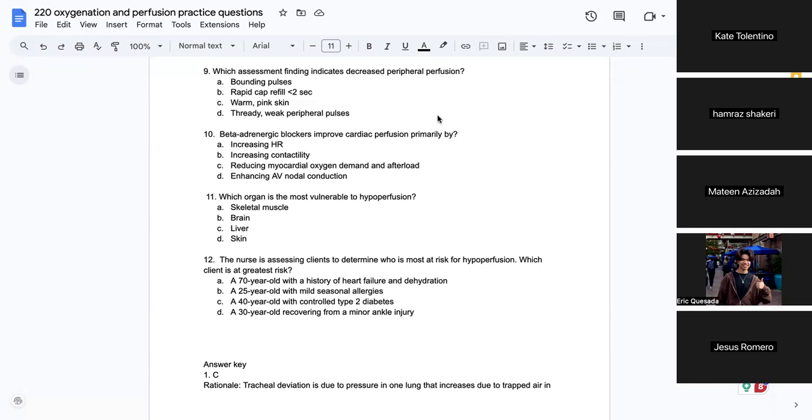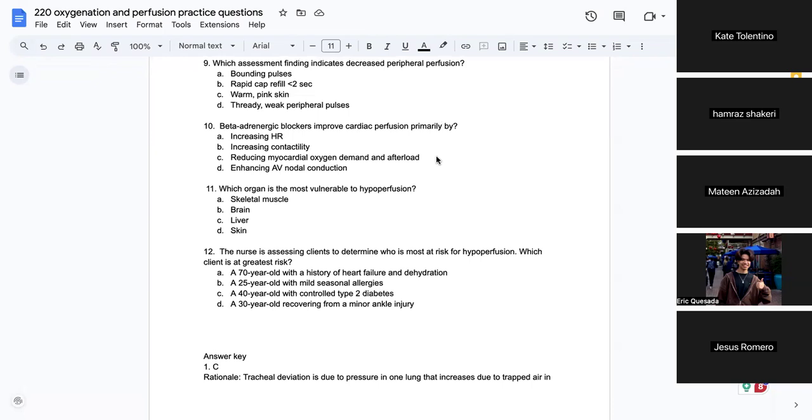Alrighty, so for number 9, our answer is going to be D, thready weak peripheral pulses. So we know if the heart is weak or the blood vessels are narrowed, our flow slows down.